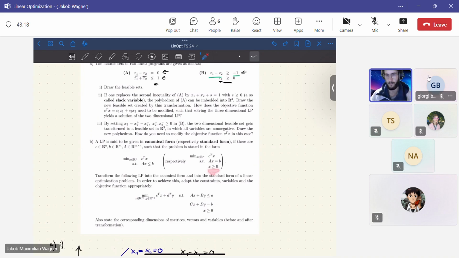One is called canonical form, one is called standard form, and there are different optimization algorithms that work with an LP in either the one form or the other. So we need to know how we can transform between the two forms, and also how we can get a general linear optimization problem into either of those forms.